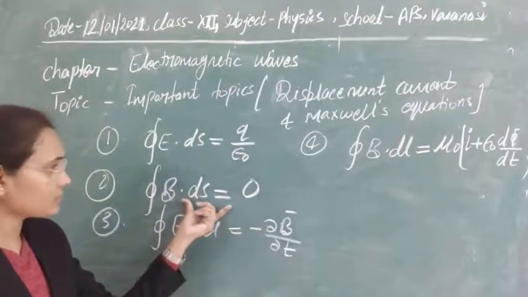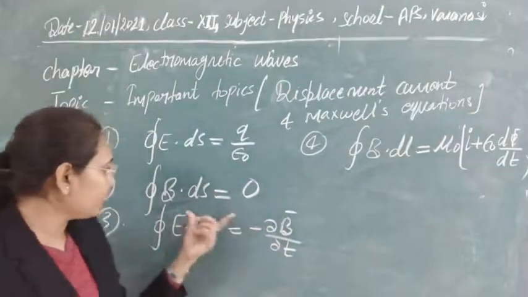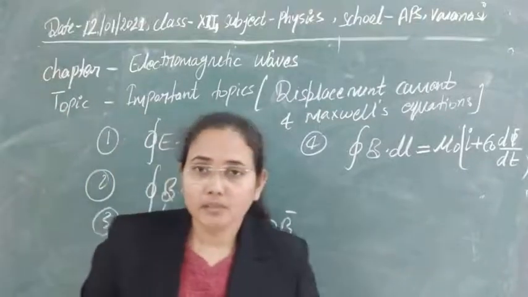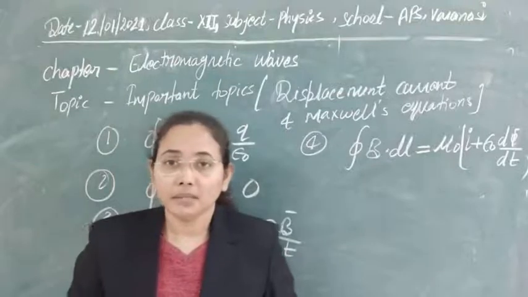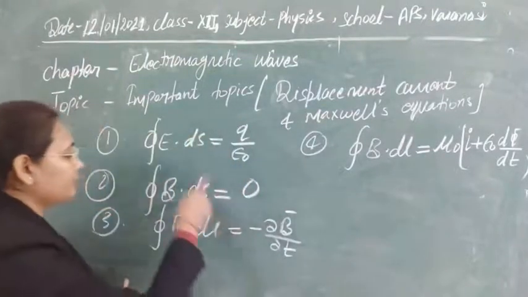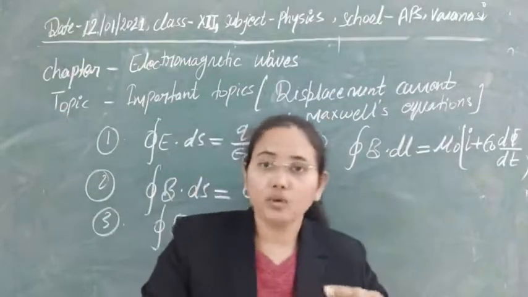Second is Maxwell's second equation, that is Gauss law of magnetostatics. It represents that magnetic dipoles exist, but magnetic monopoles do not exist. The reason is that magnetic field lines form closed loops.